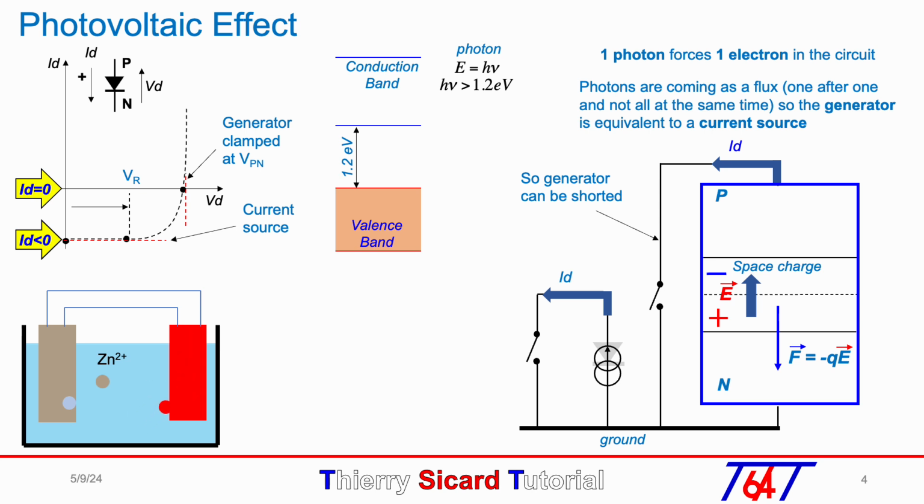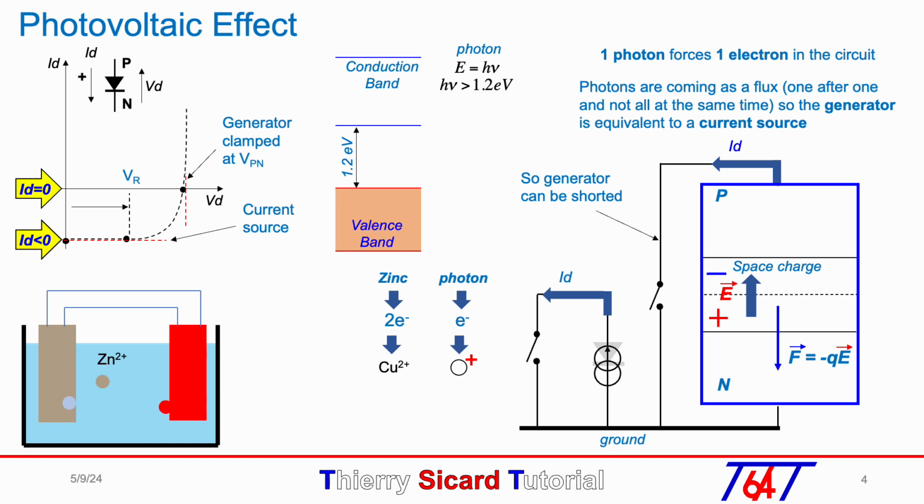Now we can compare battery and photovoltaic effect. The zinc releases 2 electrons while the photon releases 1 electron. Both electrons join the ion copper 2+, while the electron joins the hole, a positive charge.